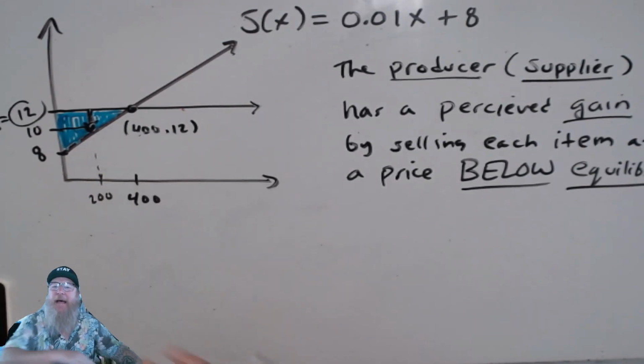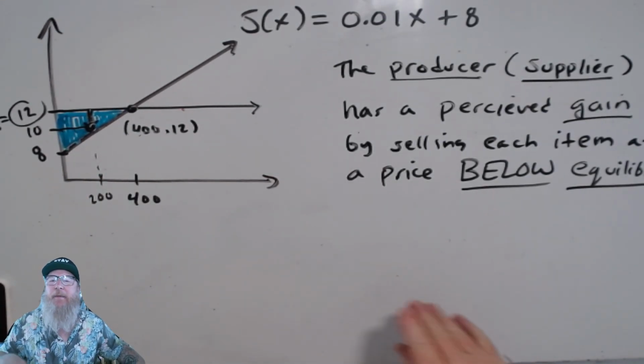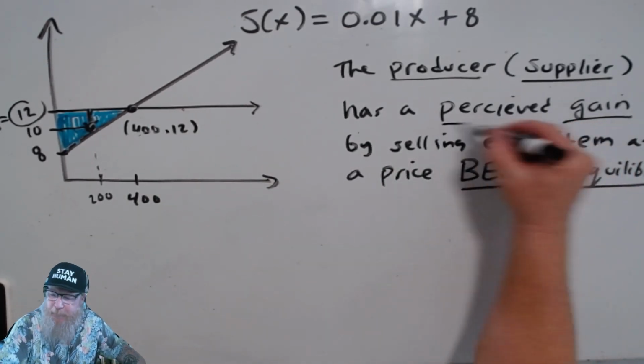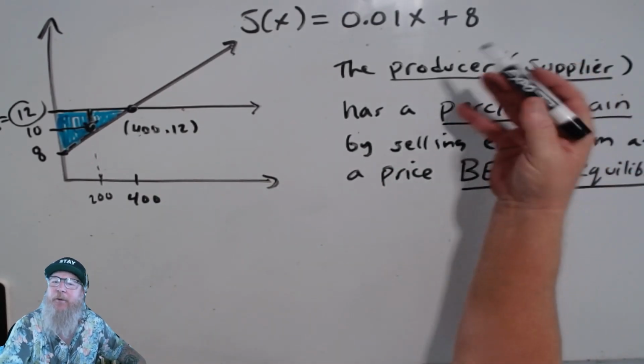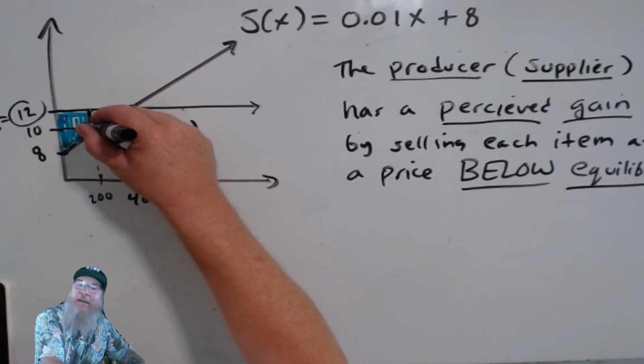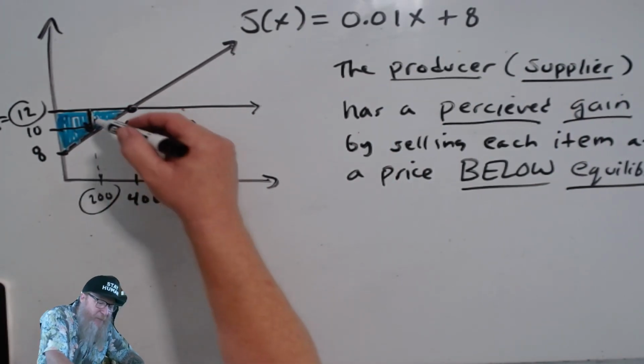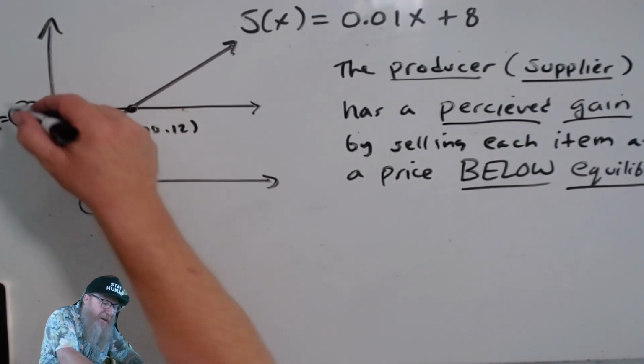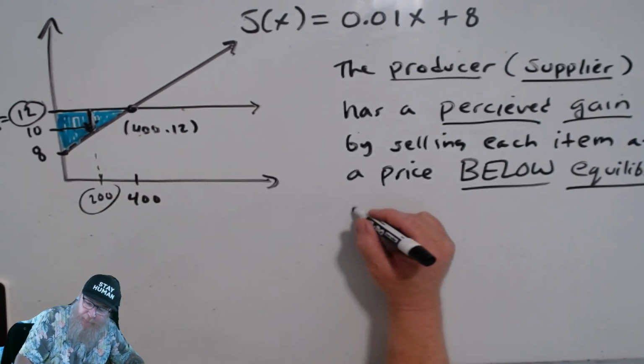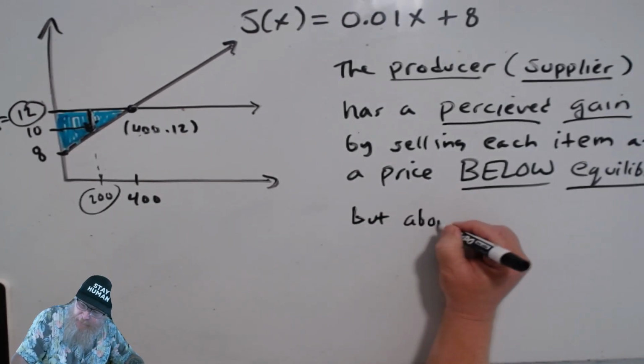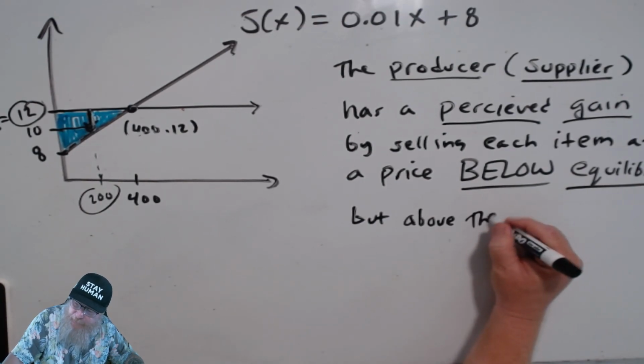And again, I'm just making that up. I'll do the exact math in a minute. But the idea is that there's a perceived gain for the producer by selling the same number of items at a price that's below the equilibrium price, but is above the supply curve.